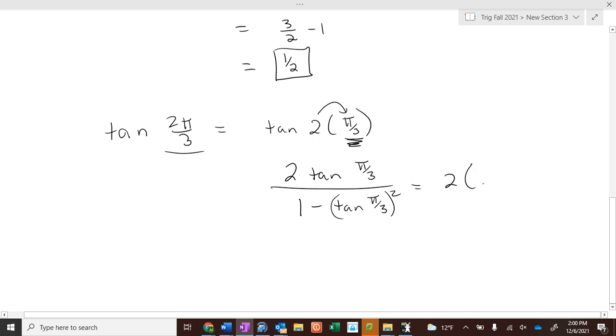So it's 2 times tangent of pi over 3, which is square root of 3, over 1 minus square root of 3 squared. So it's 2 square root of 3 over 1 minus 3.